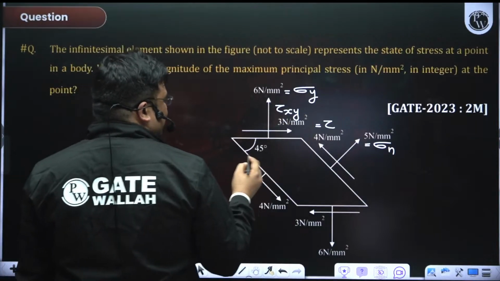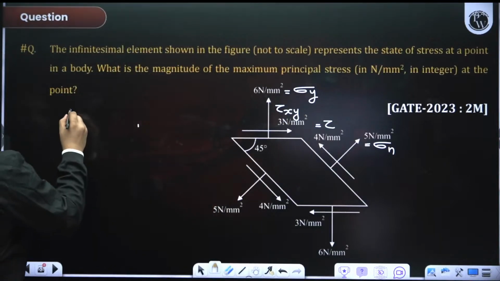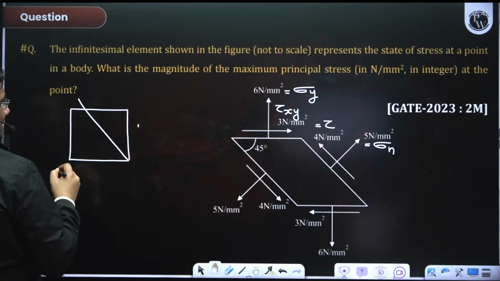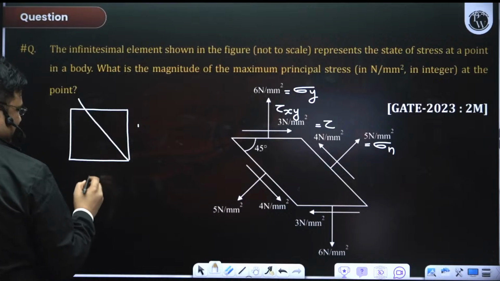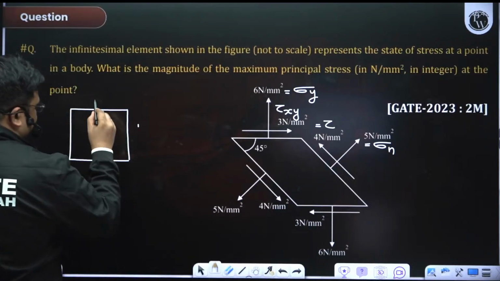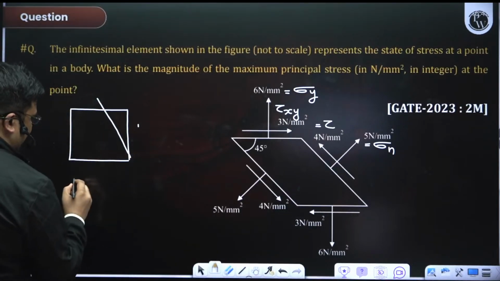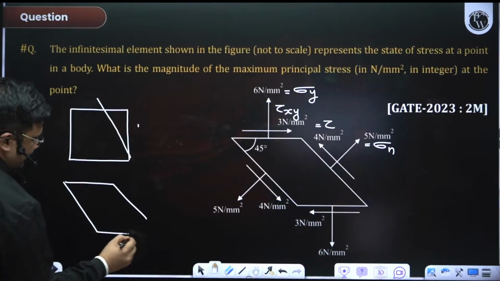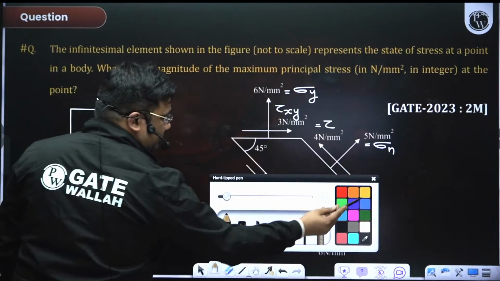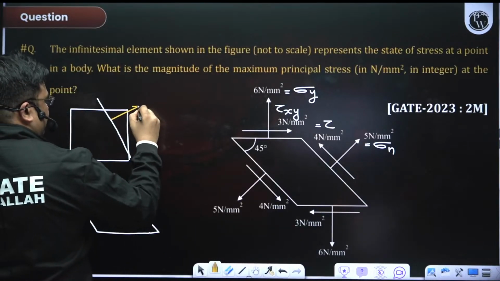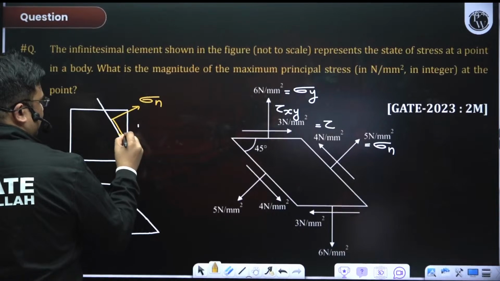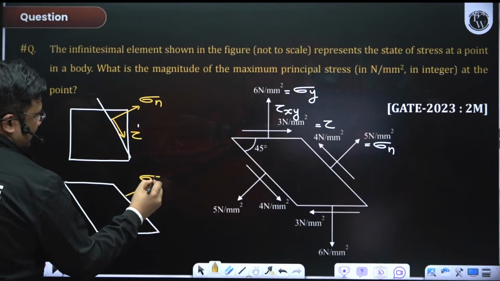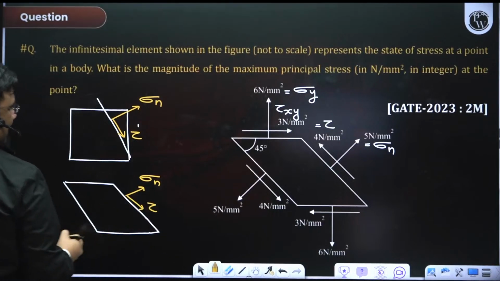Instead of representing in this manner, they have drawn like this. Understood this? How they represent the same question in a different manner.